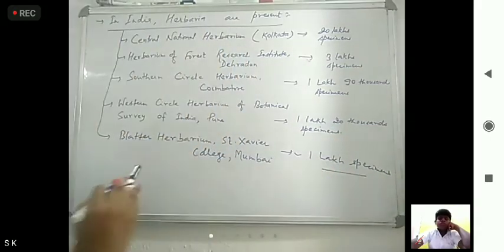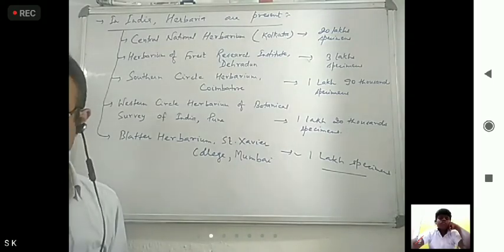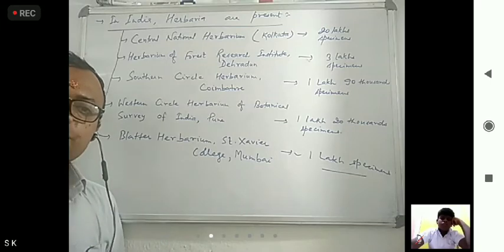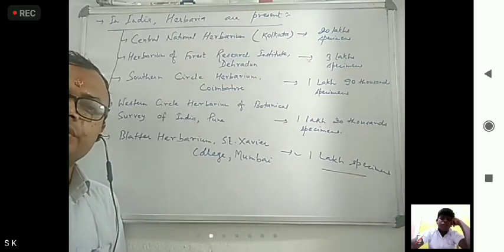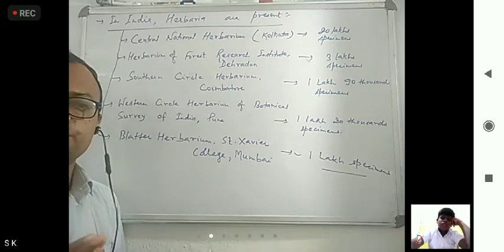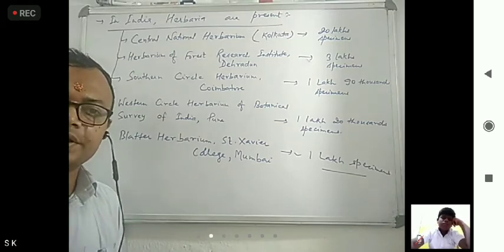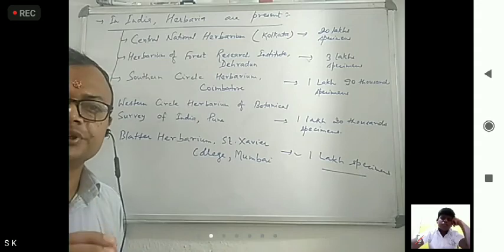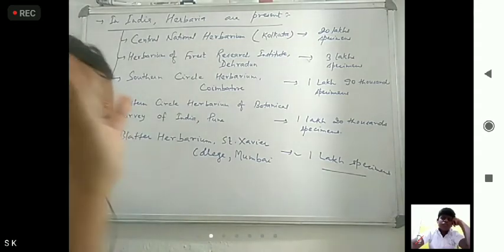So these are some important herbaria present in India. The first taxonomical aid we saw is the herbarium, for plant specimens which are dried, pressed, and preserved on herbarium sheets.